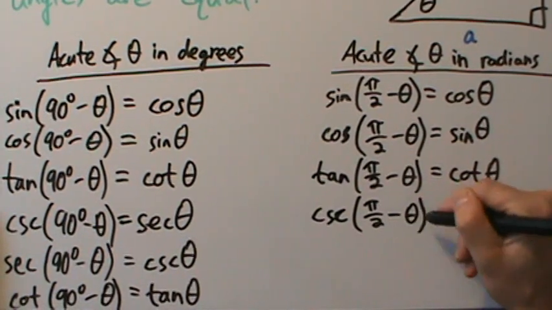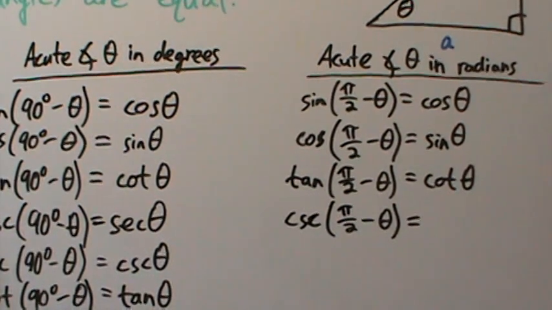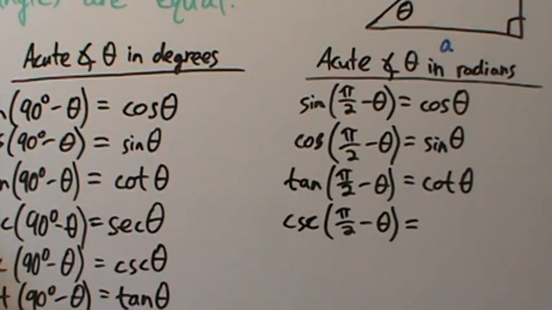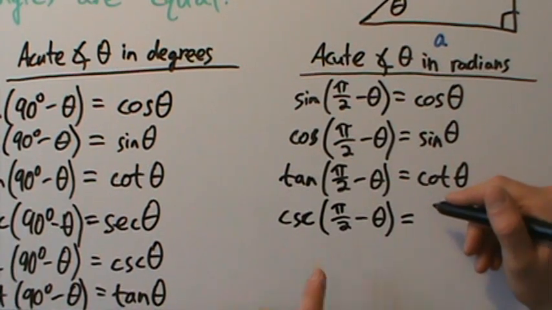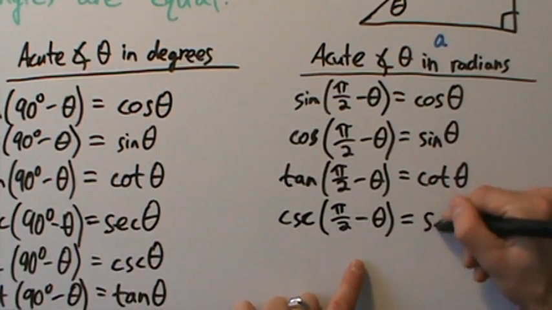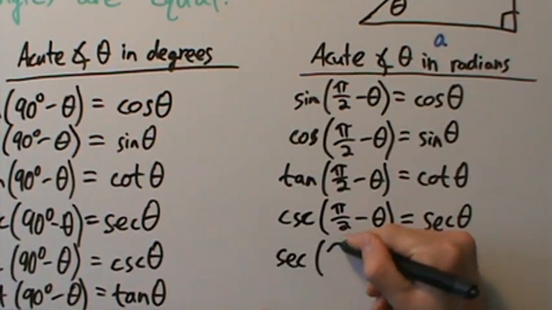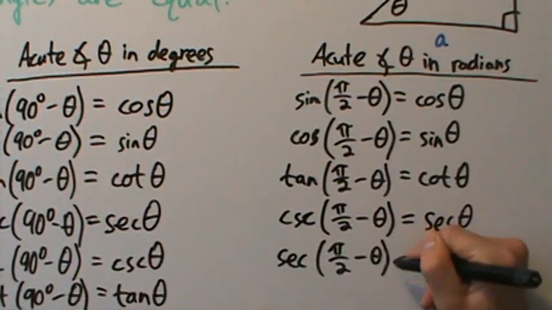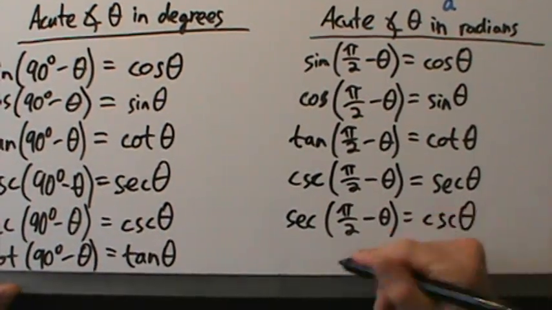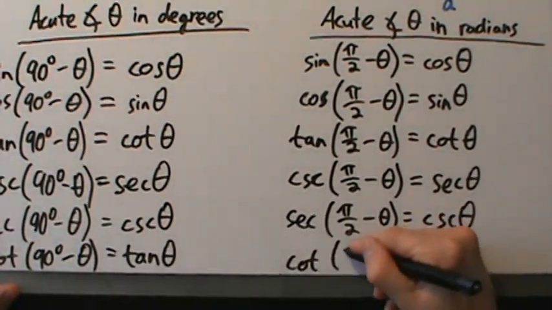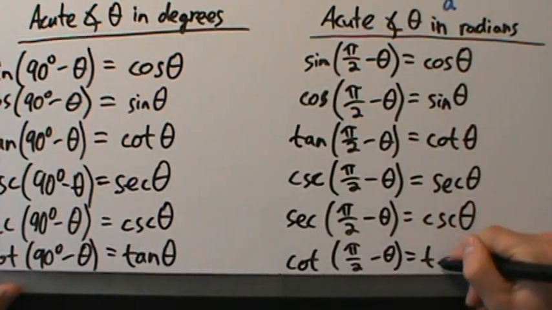For now, we only know this is true for acute angles because we're dealing with right triangle trigonometry, and that's all about trig functions of acute angles. So cosecant of pi over 2 minus theta is secant of theta, and secant of pi over 2 minus theta is the cosecant of theta. And then lastly, the cotangent of pi over 2 minus theta is the tangent of theta.